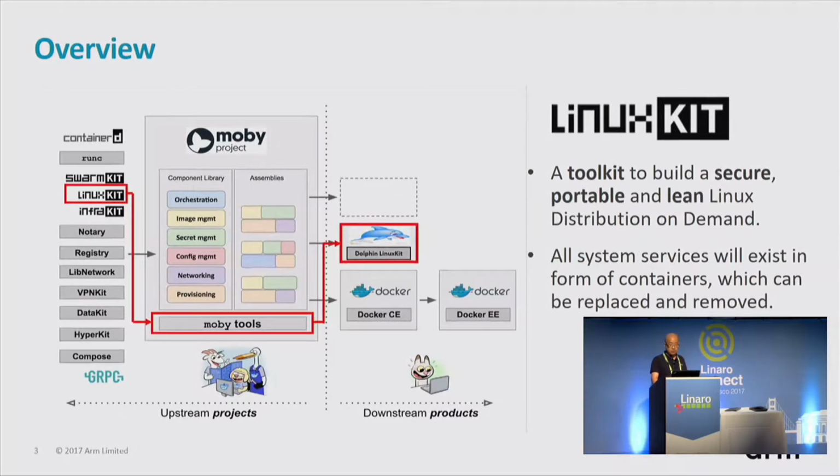In this example, it's a Linux distribution named Dolphin LinuxKit distribution. This is a typical workflow, and it demonstrates the relationship of the two projects and how they work together to create a brand new product.